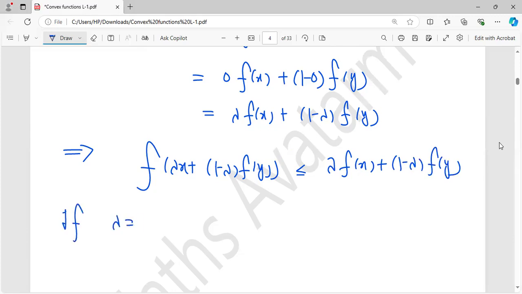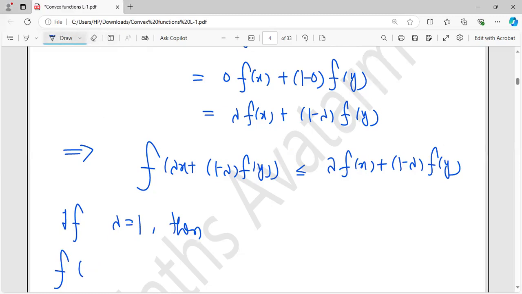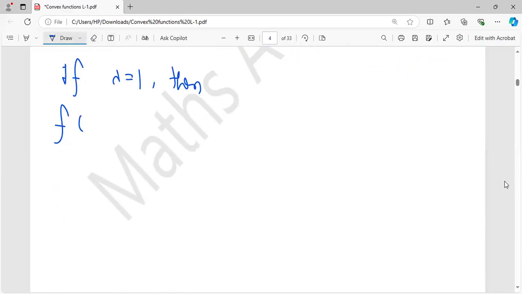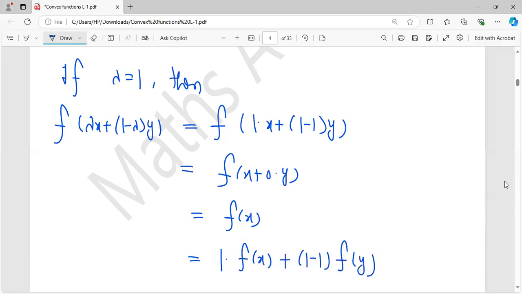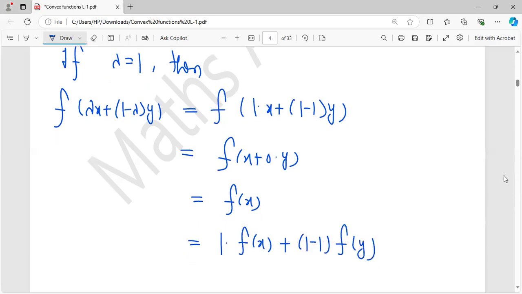If lambda is equal to 1, then f of lambda x plus 1 minus lambda y is 1 times x plus 1 minus 1 times y, so this is f of x and this is 0 times y. This is f of x. So this can be written as 1 times f of x plus 1 minus 1 times f of y, but lambda is 1.